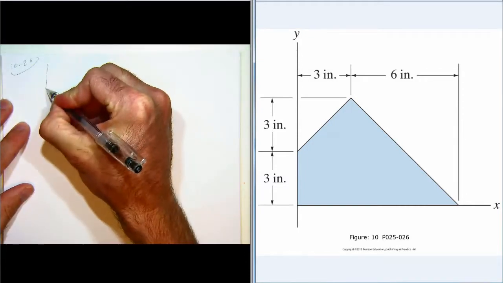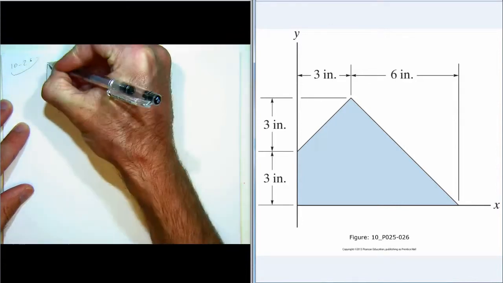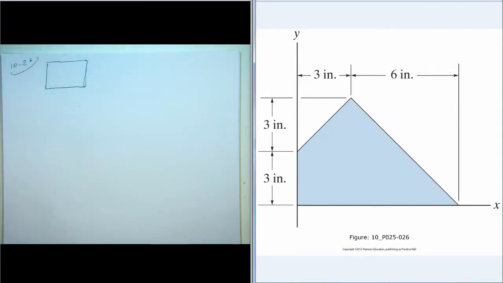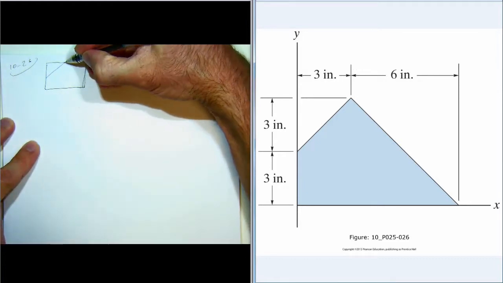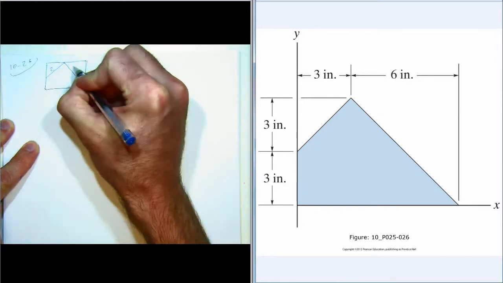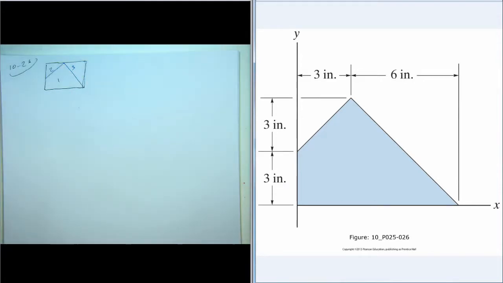So I'm going to treat this composite body as being made up of a big rectangle and two smaller triangles that are holes. So we'll call the rectangle segment 1 and the holes segments 2 and 3.